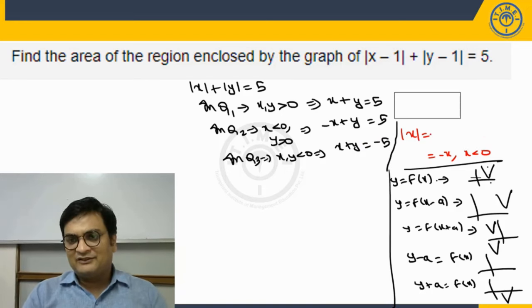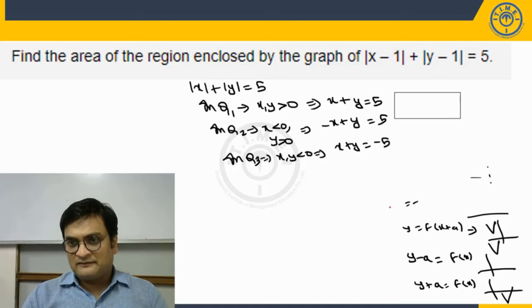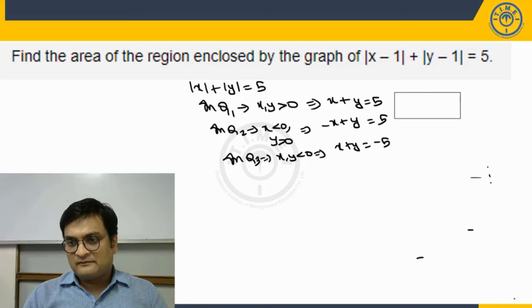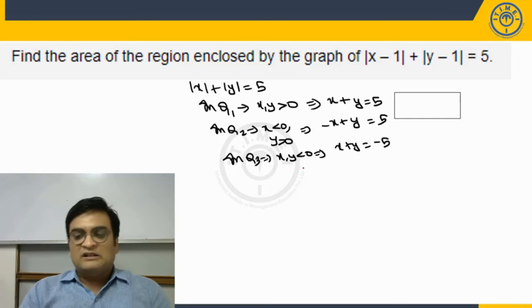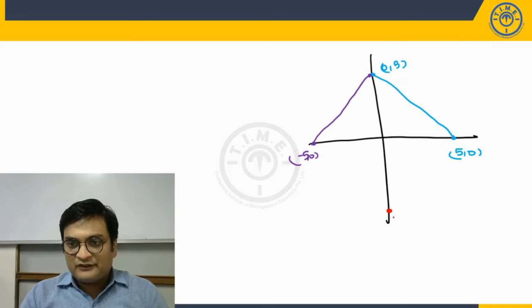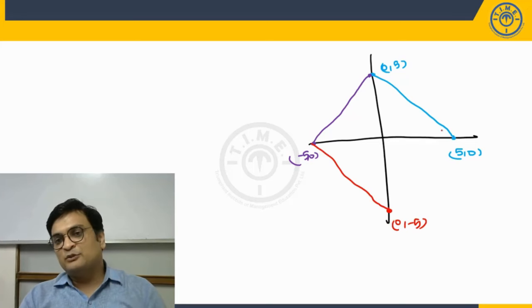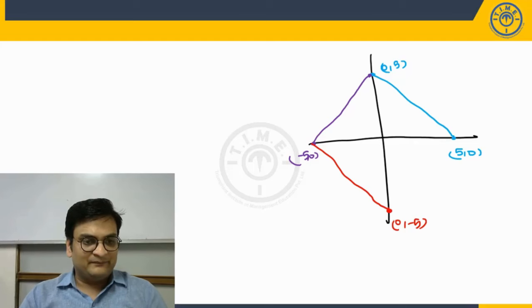Let me clean this so that okay. So in the third quadrant, x plus y equal to minus 5 would be as follows. It would be like this. This blue line and this red line will be parallel.